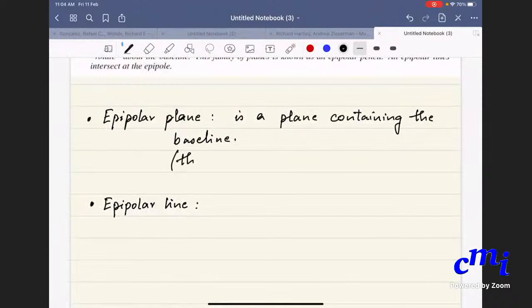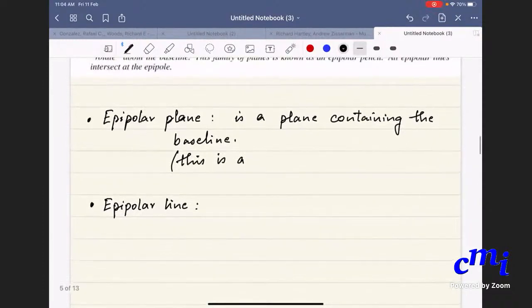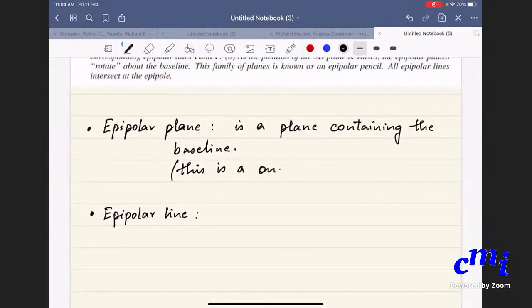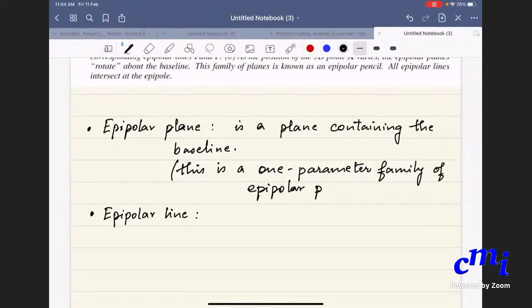So either we can be talking about one particular epipolar plane, or we could be talking about the pencil, depending on the context. This is a one parameter family of epipolar planes.